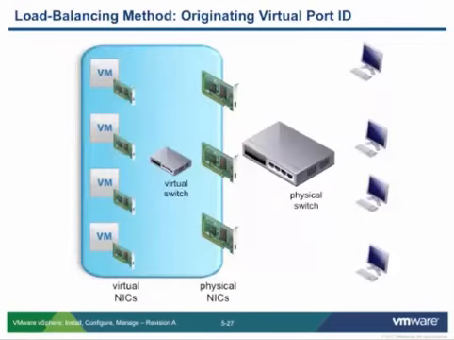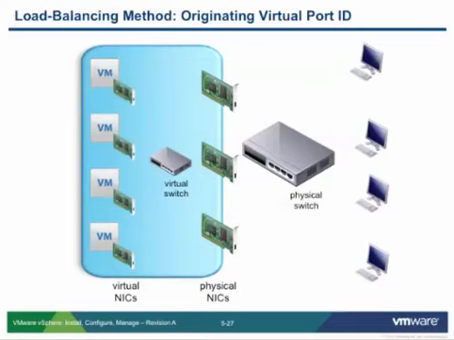There's a couple different methods that vSphere can use to load balance. The first and easiest one is a load balancing method based on originating virtual port ID. Now, this is the virtual port ID of the virtual switch. In this particular case, every virtual machine is mapped to a particular physical network interface card.